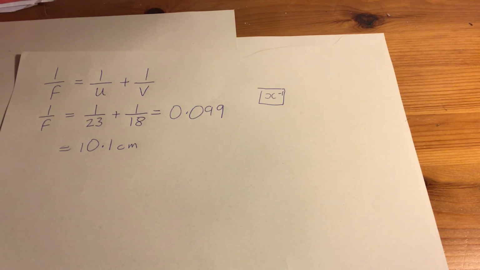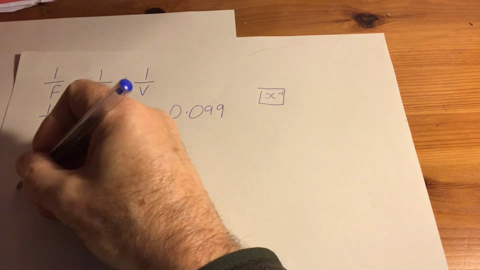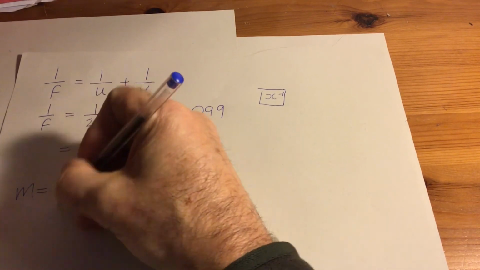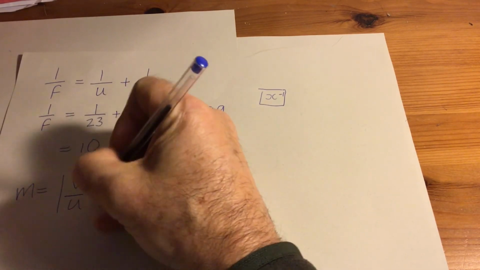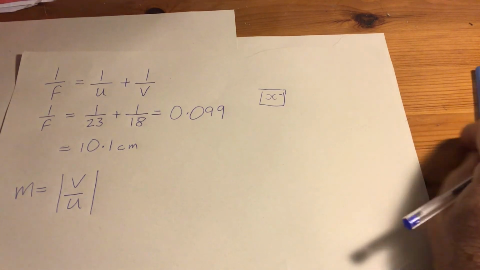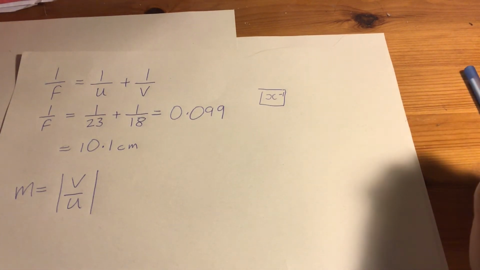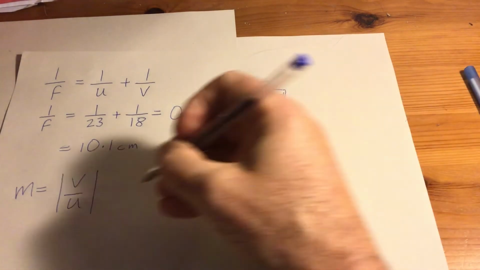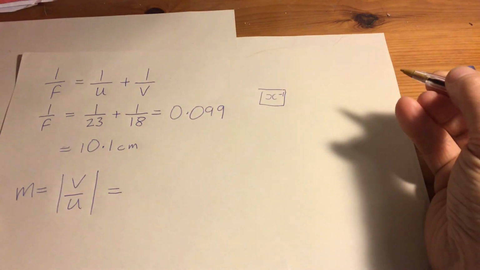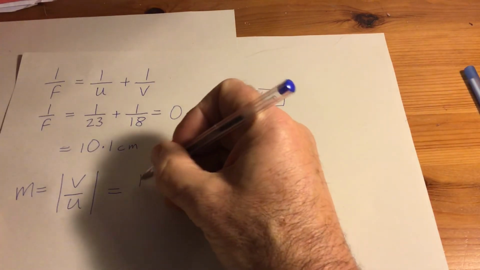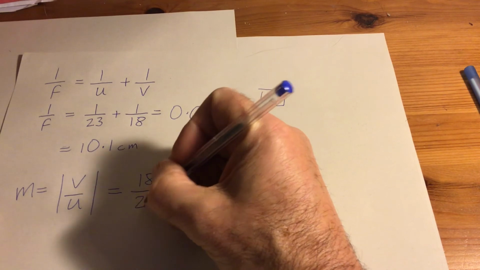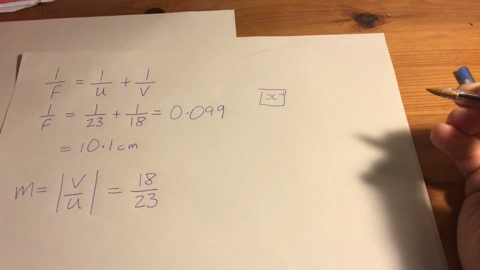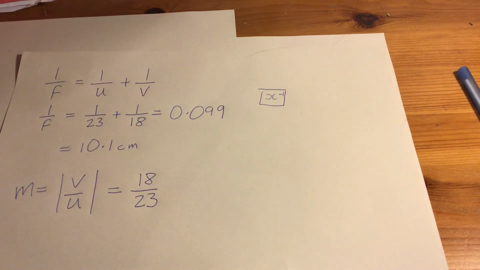If I want to find the magnification, I use this formula, also in the logbooks. This formula is for magnification. In this case, the V is 18 and the U is 23. The 2 lines of course mean that it doesn't matter what sign they are.